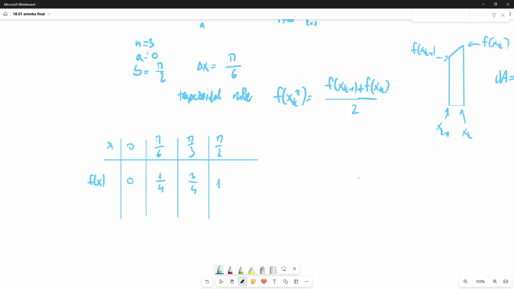So let's apply the trapezoidal rule. The integral of sine squared x dx, where x goes from 0 to pi over 2, is equal to 1/2 times delta x, so delta x over 2, multiplied by the sum, where k goes from 1 to 3, of f of xk minus 1 plus f of xk.